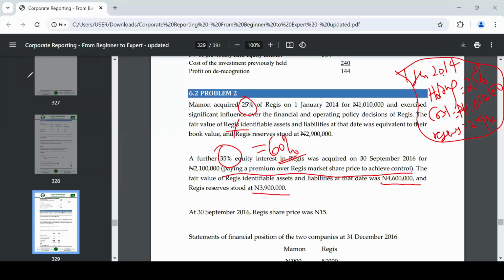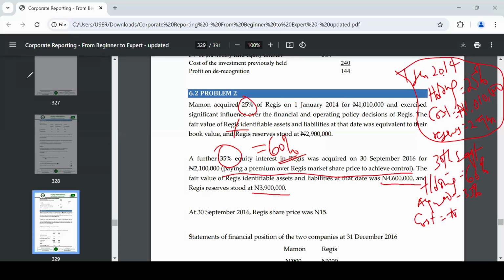So I will say, 30th September, we now have our holding to be how much? 60%, but we acquired an additional 35%. What was the consideration or cost of this investment?